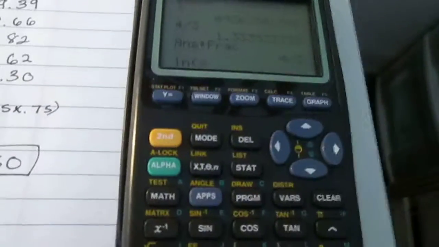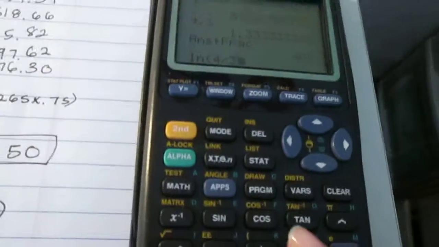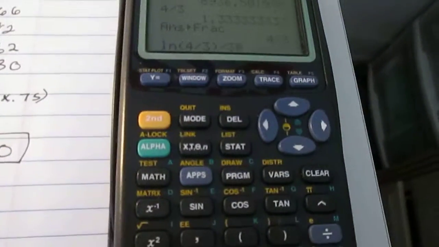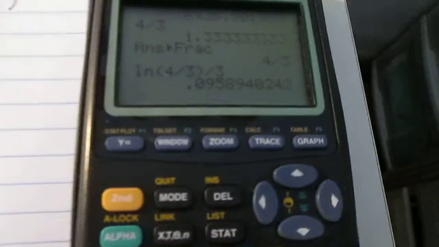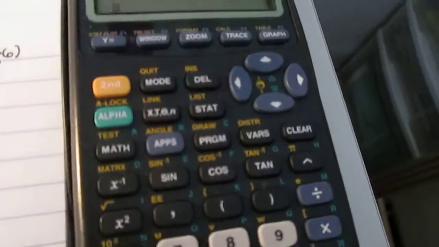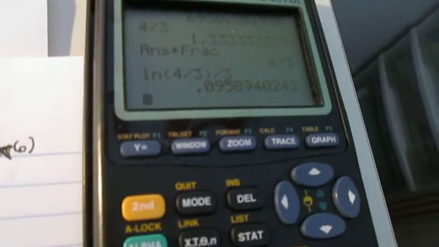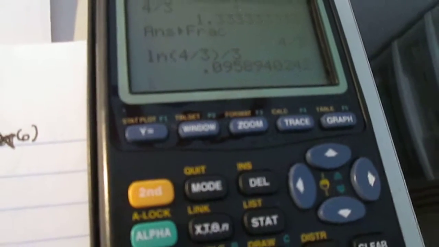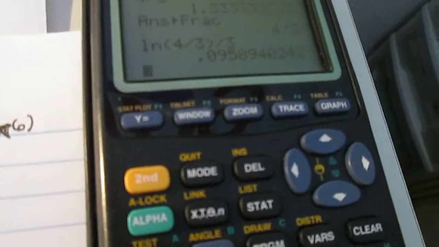So the natural log of 4/3 divided by 3. We get this number, and since it's our rate, we're going to need to move the decimal over twice. We write it as 4 decimal points. So it's going to be 0.0959.